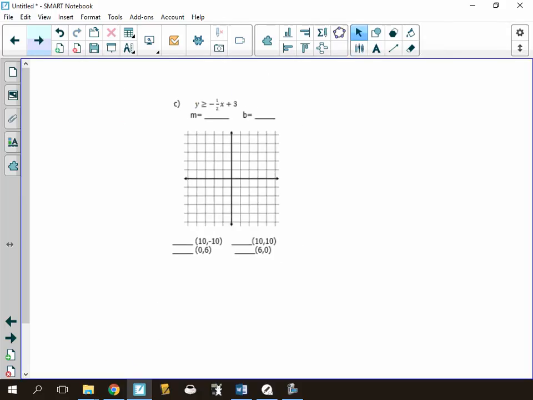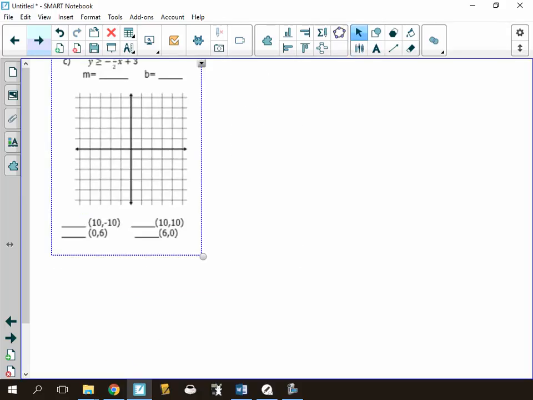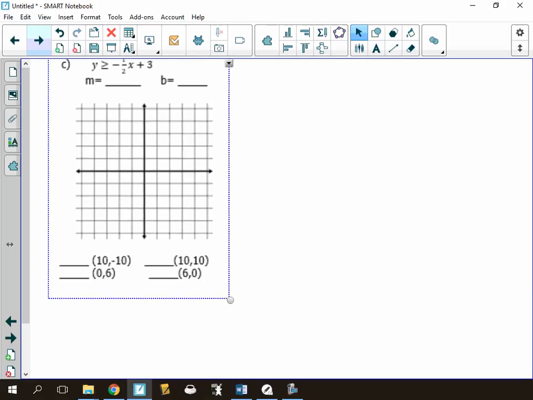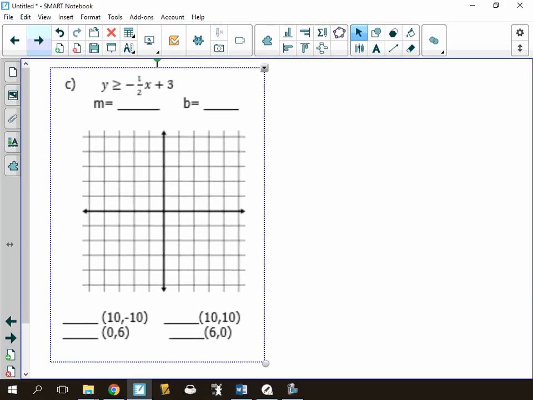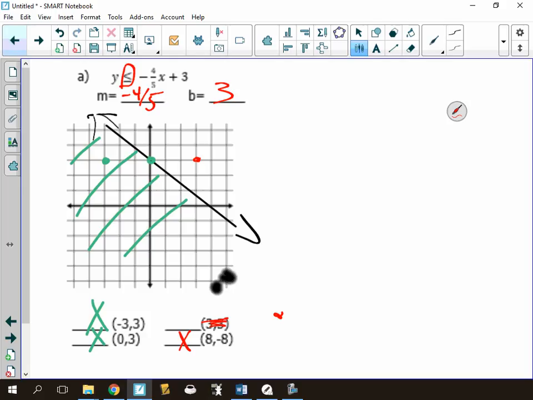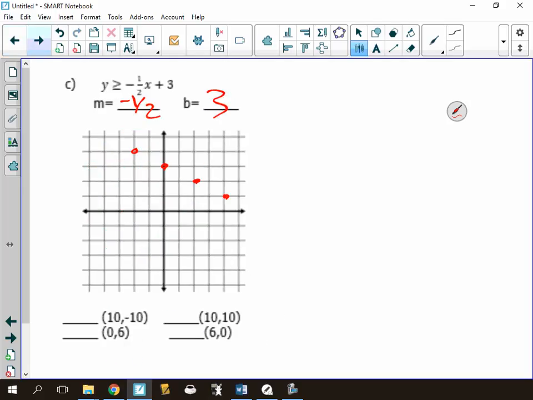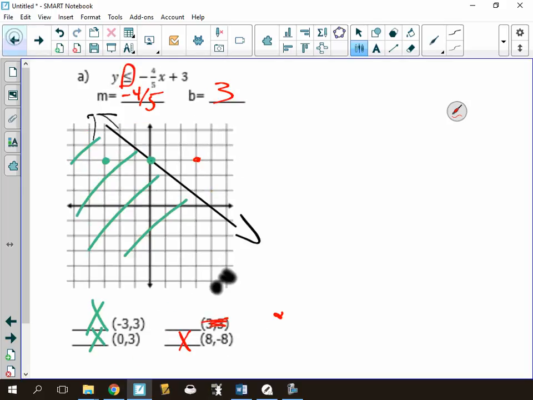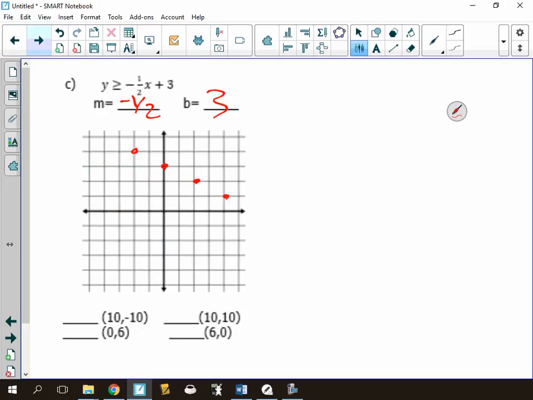All right, so here's the last one of these. So our slope is negative 1/2. Our y-intercept is 3. So I was just double checking my work, making sure I'm doing things correctly.